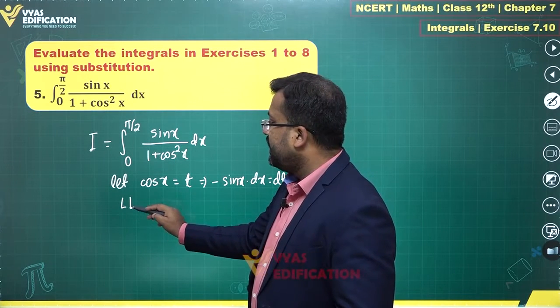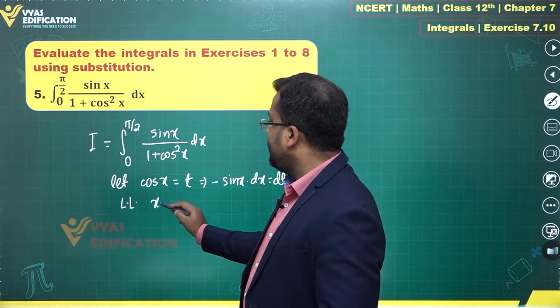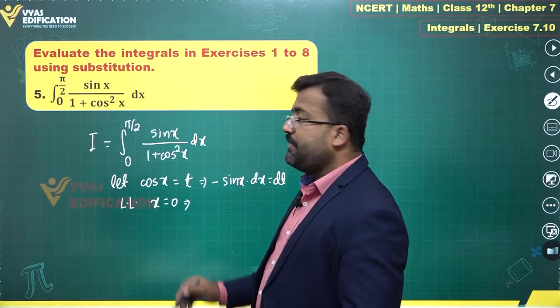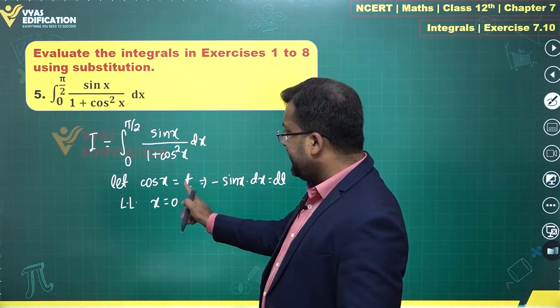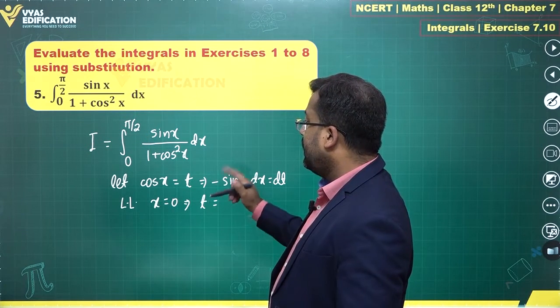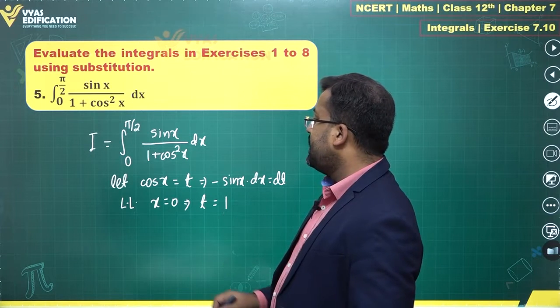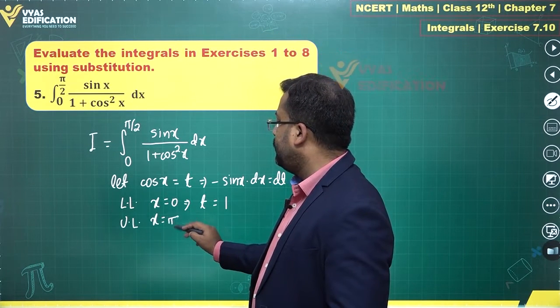The lower limit, can you identify the lower limit? The lower limit says x equals 0, and this will tell me that if x equal to 0, t will be cos 0, which is 1. Upper limit, x equals pi by 2.